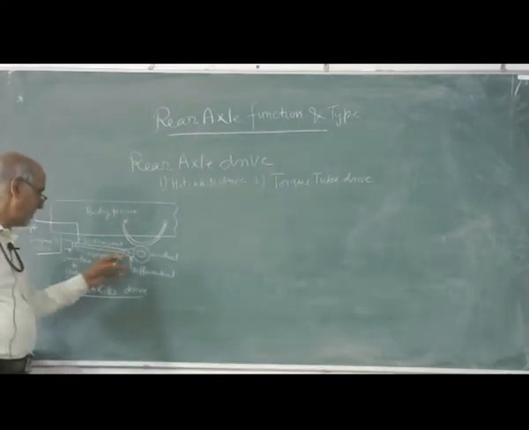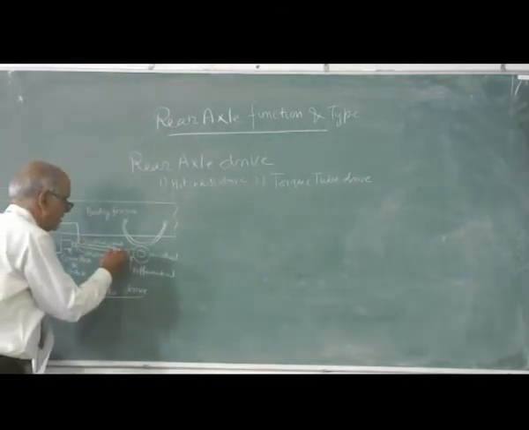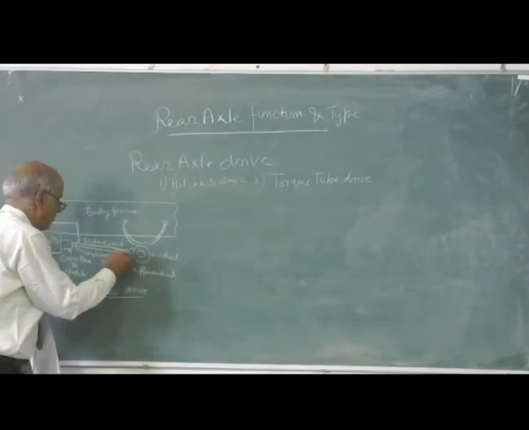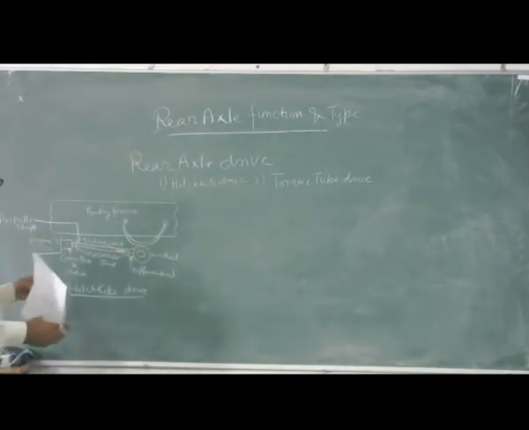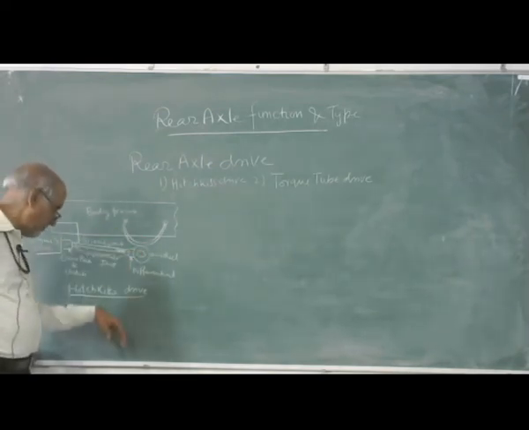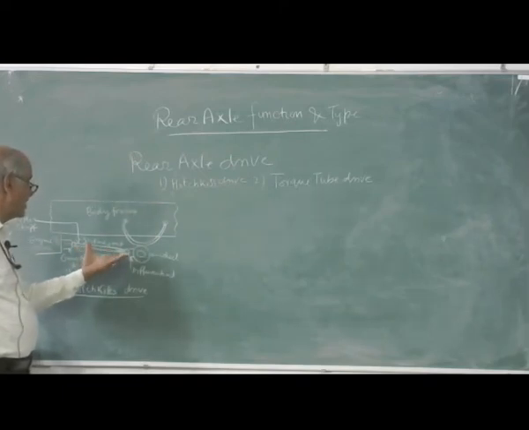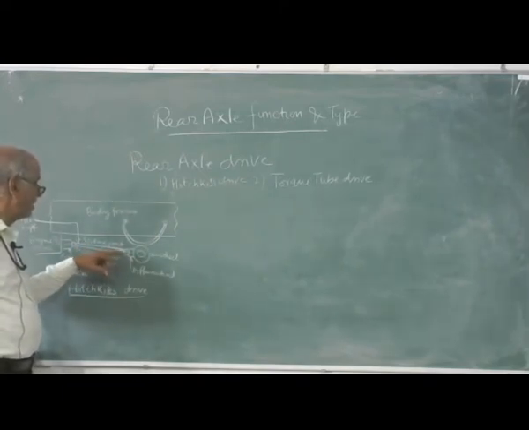Whenever there is a jerk, it will move up, and the distance will be shortened because splines are cut over here in the propeller shaft. So it will move up, the shaft will be shortened. When it is going down, then the propeller shaft will be lengthened and it will move in this direction.